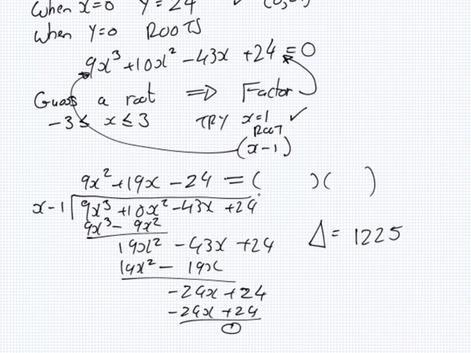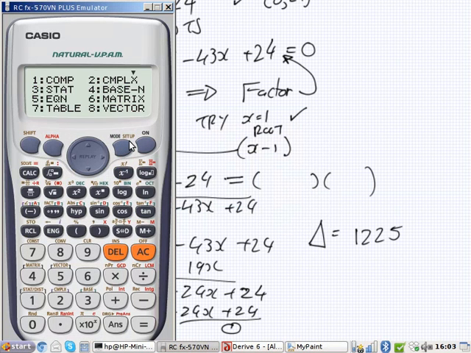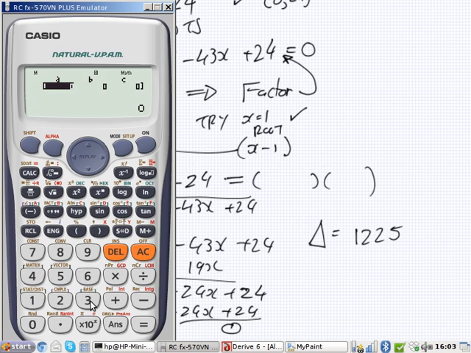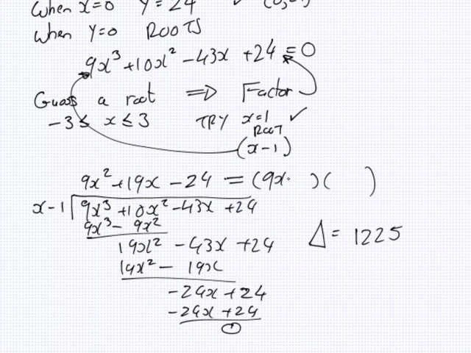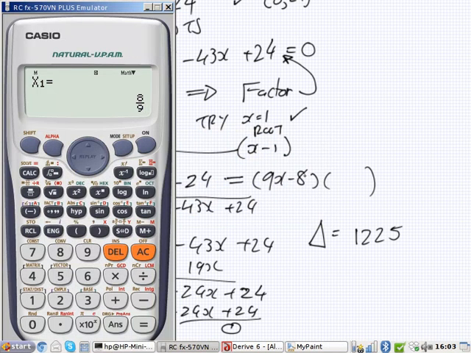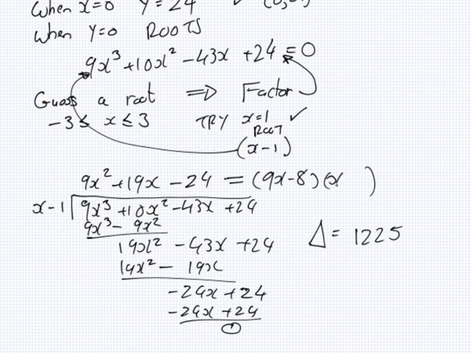Yeah, that's 2. Let's try to factorize it. 9x minus 8 and x plus 3 are the two factors here.